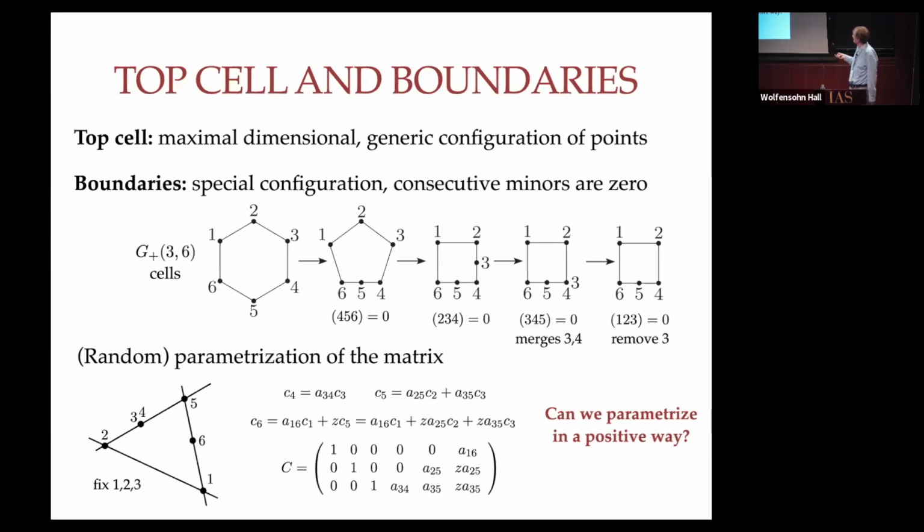But the parametrization of this G(3,6) matrix that we get from just doing it naively like that doesn't make manifest that all the maximal minors are positive. It's not clear how to choose these variables such that it makes manifest that all the ordered 3 by 3 minors are positive. So the question is, can we parameterize this matrix in some manifestly positive way?